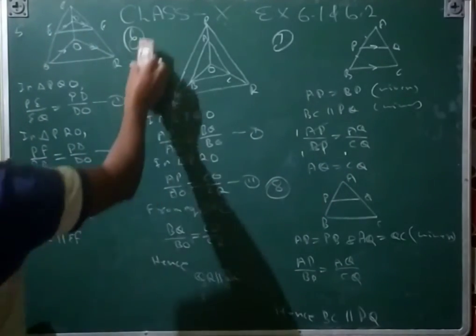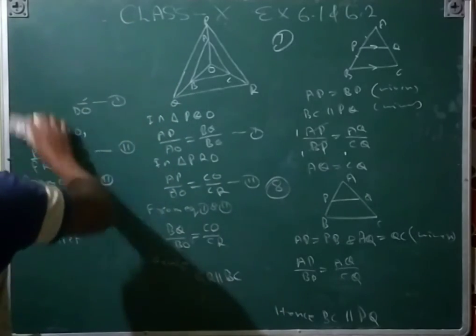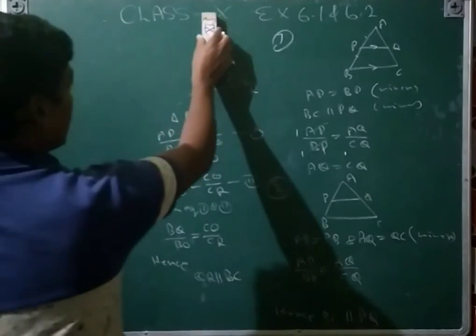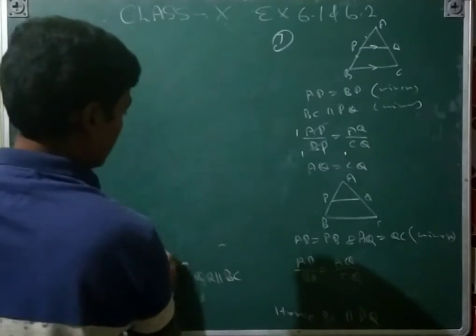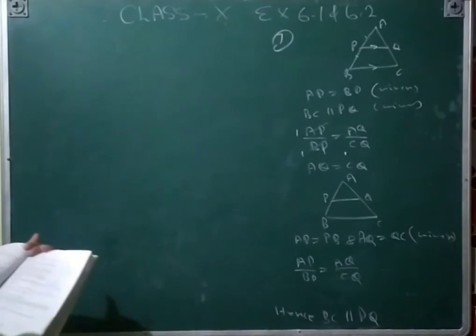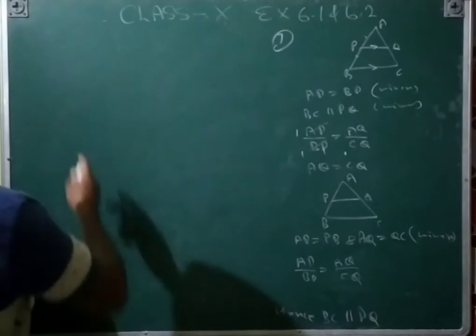Now the question number 9. ABCD is a trapezium.